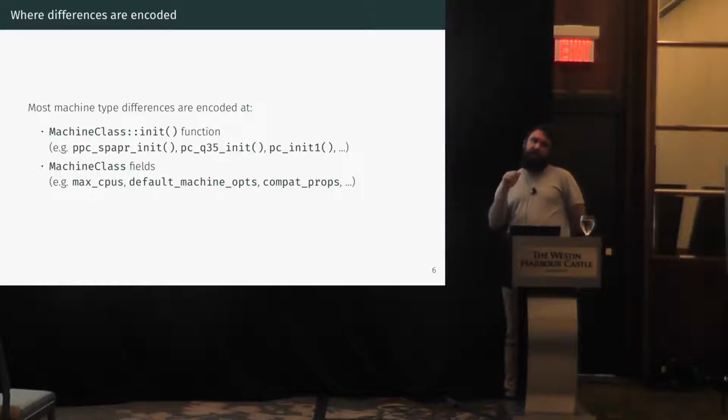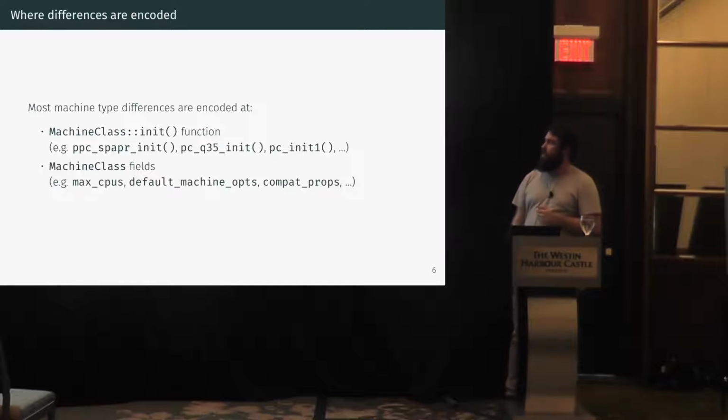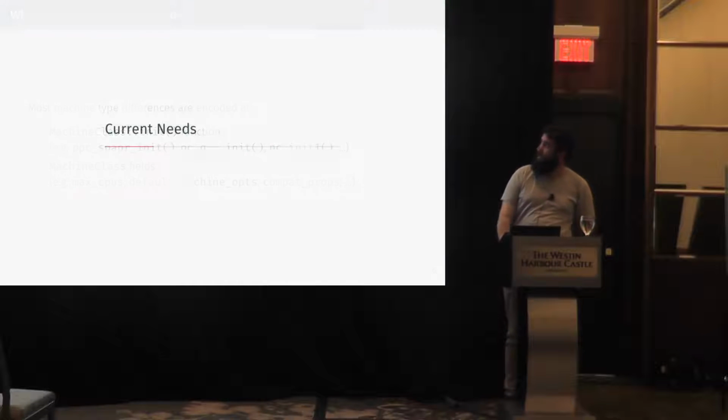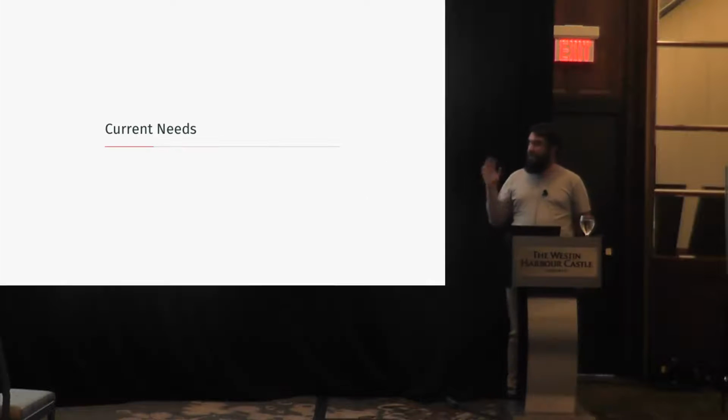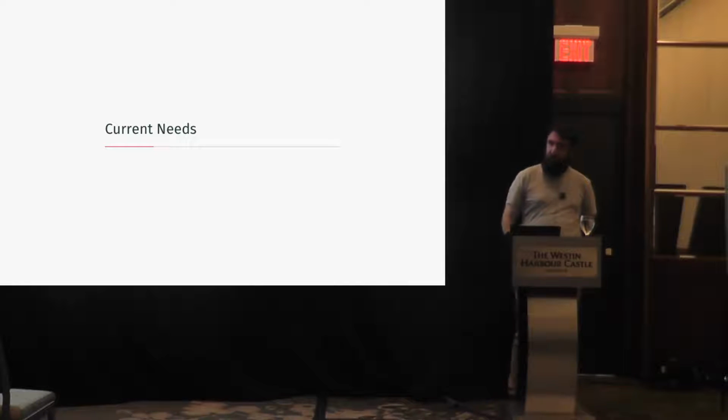And we have been trying to move stuff that's hidden inside the code to the machine class over time. That's why the machine class structure is so large today. But we need to keep that in mind when we address these other issues. So that's what machine types do. They just run different code and implement different behavior depending on the machine type you are using.